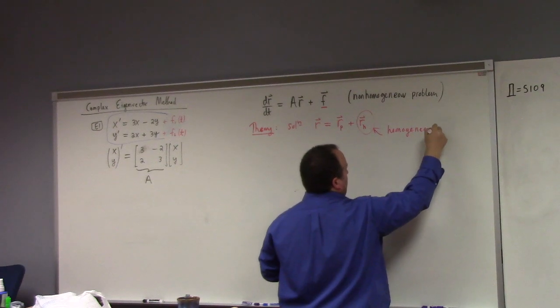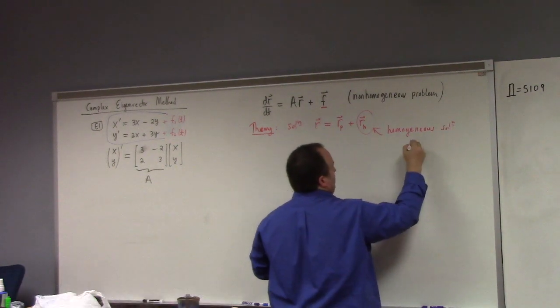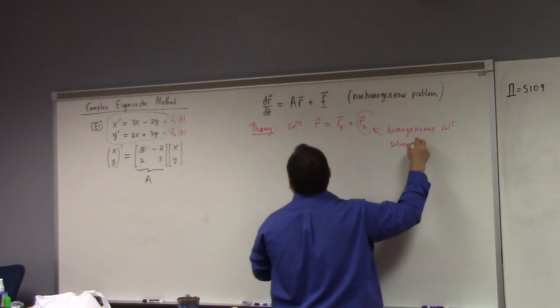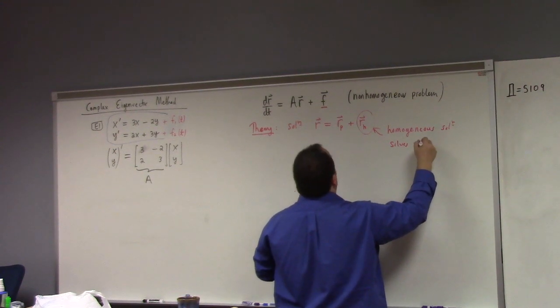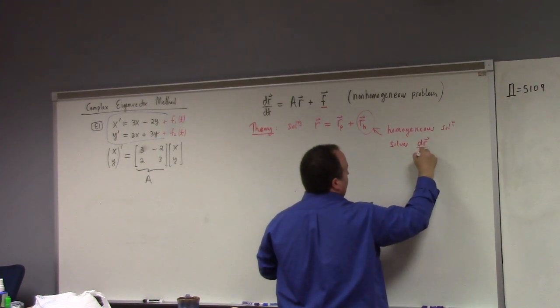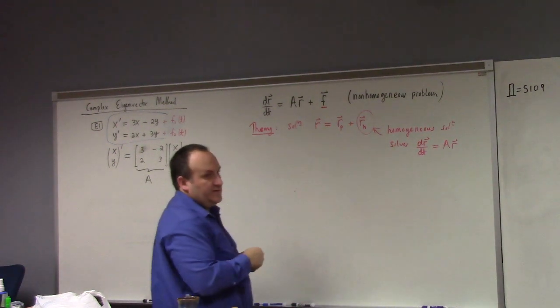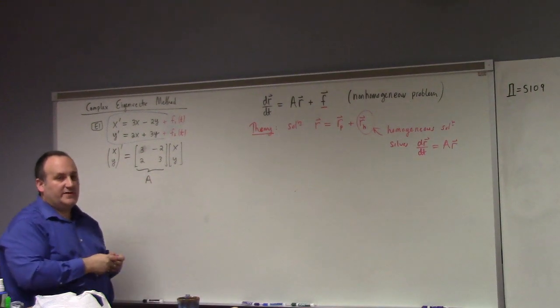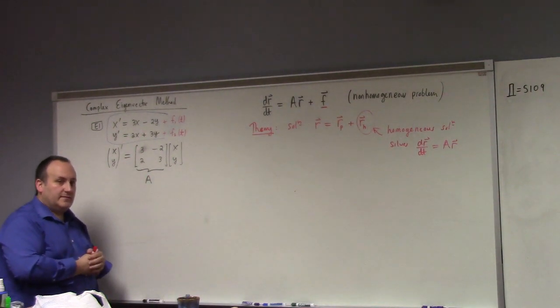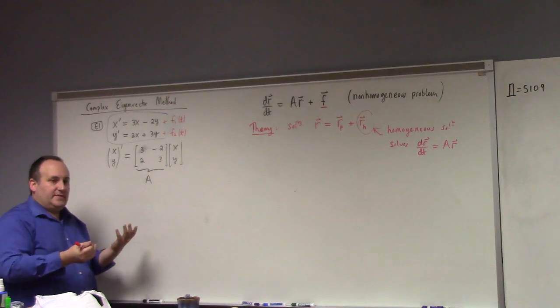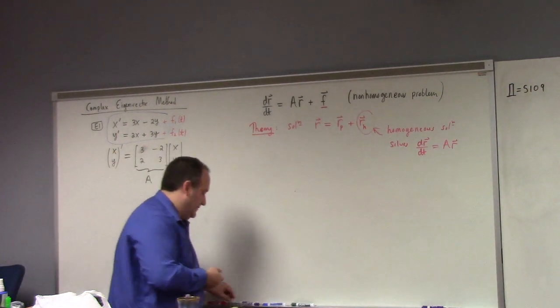That's everything we've been doing. The homogeneous solution solves dr dt equals AR. But the particular solution, we want it to actually solve the non-homogeneous problem. Okay? So what's the method? How do you find a particular solution?